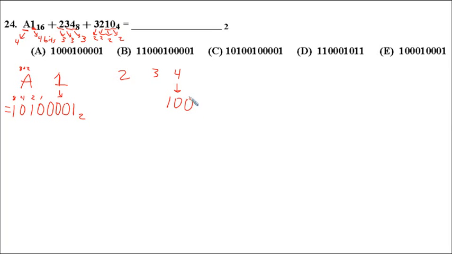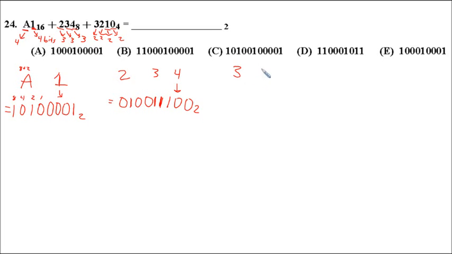Again, because we have the units place, the 2's place, and the 4's place. 3 is 2 plus 1, so we can have a 1, a 2, and no 4's. Kind of reading that right to left, because we want to do place value here. So 2, again, is no quantities of 1, 1 quantity of 2, and no quantities of 4. So this again is 234 base 8 in binary.